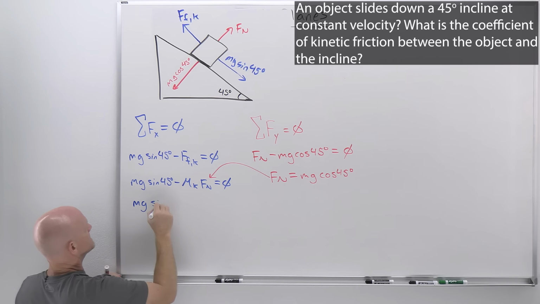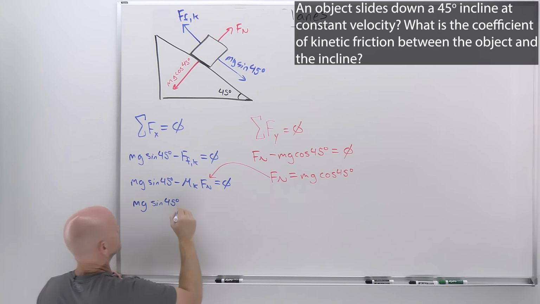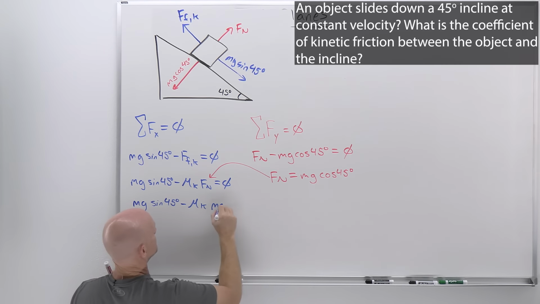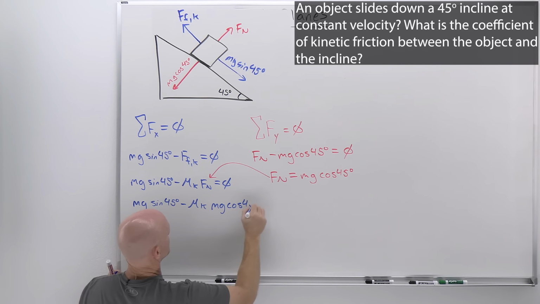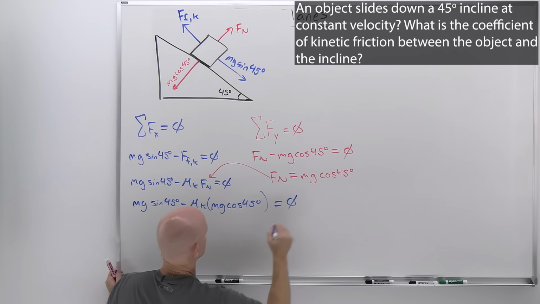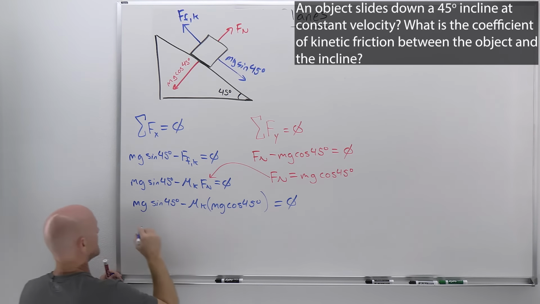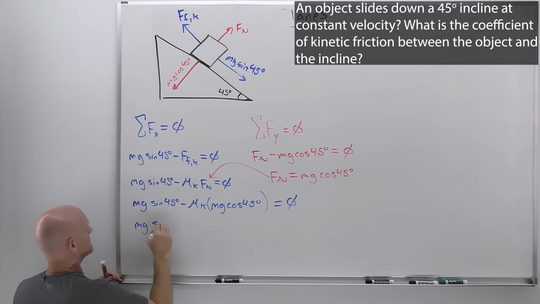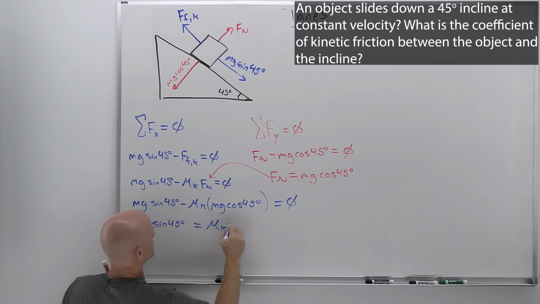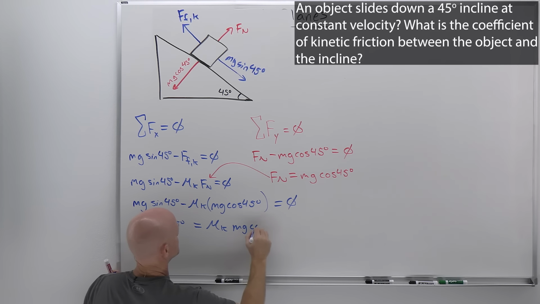We're going to get mg sine of 45 degrees minus that coefficient times mg cosine 45 degrees substituted right in, again, equaling 0. And we'll move this over to the other side. So mg sine of 45 degrees is going to equal mu times mg cosine 45.